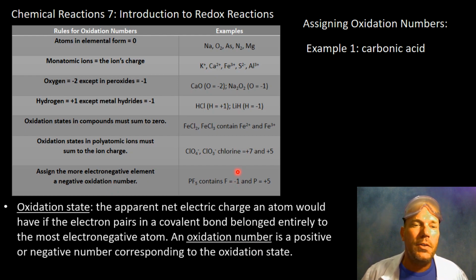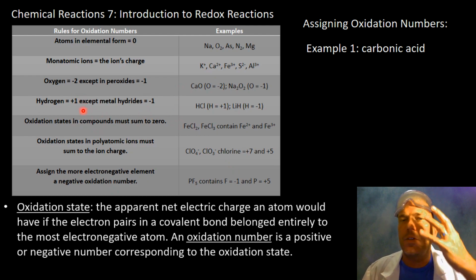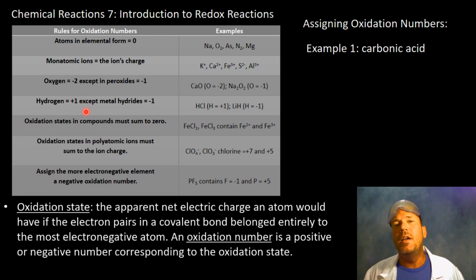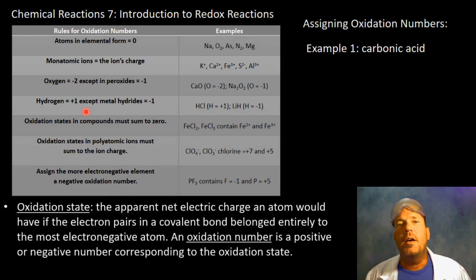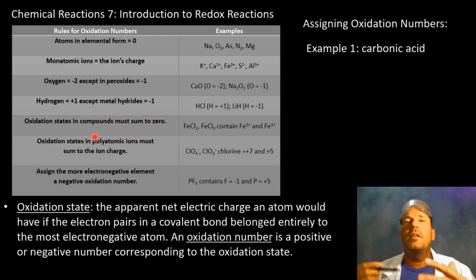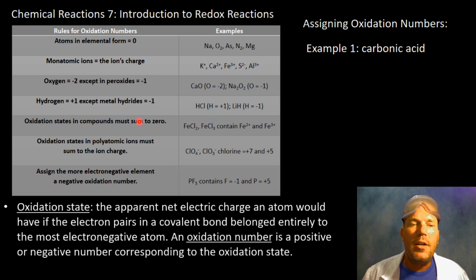All right, so let's continue going down this list. I feel a little bit better giving you some sort of definition there for you to at least consider as we go through these. For hydrogens, we're going to give them a +1 oxidation number with the exception of when they are part of a peroxide. Remember, a peroxide is one of your polyatomic ions given out to you that you should be familiar with. When we're looking at compounds that are not overall charged, the sum must equal 0, okay?